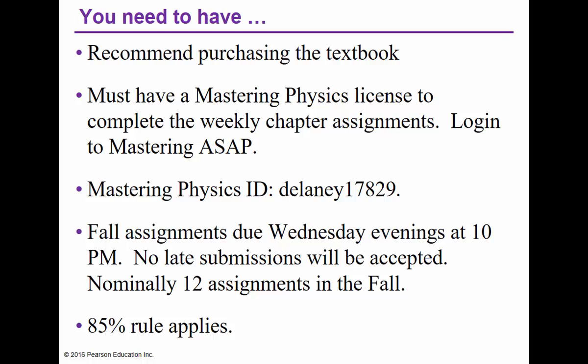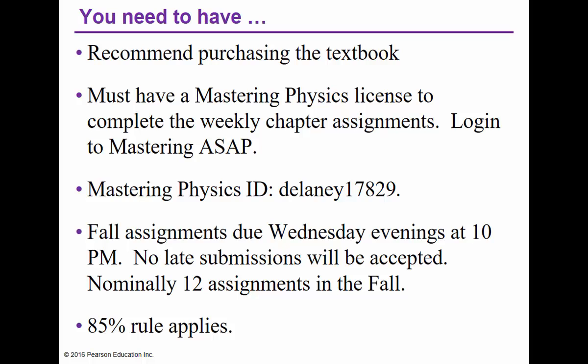A caution here, if you are buying the license for Mastering Physics independent of the bookstore, okay, that's cool. Just be careful. Last year on the website, they were charging in US dollars. And so some people accidentally bought it through the site only to realize that it was US, and by the time it converted to Canadian, it added a gazillion dollars to it compared to over at the bookstore.